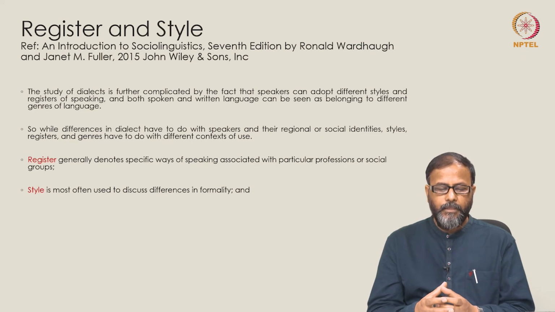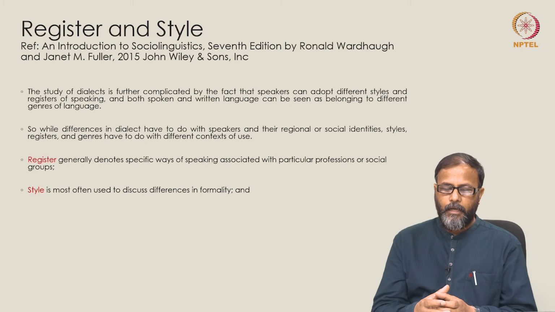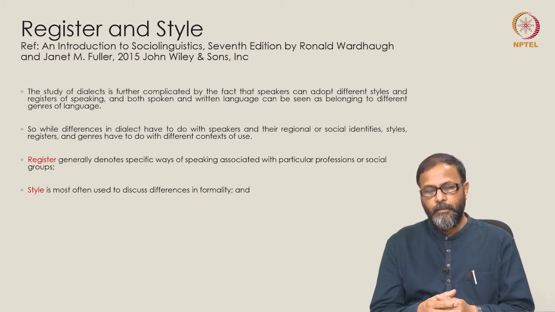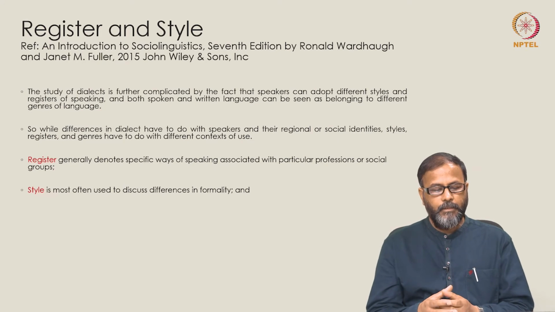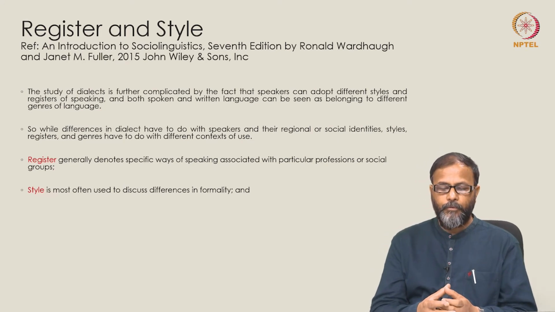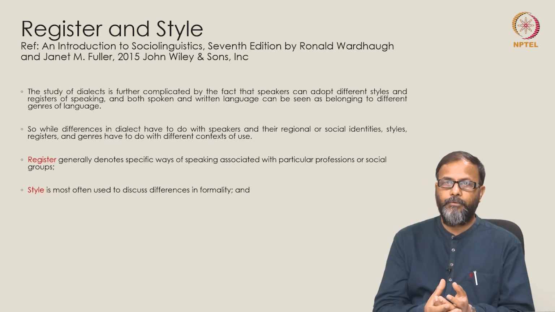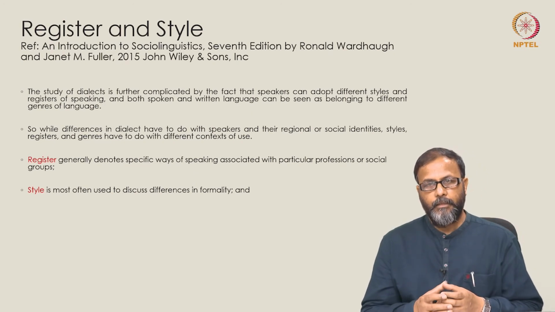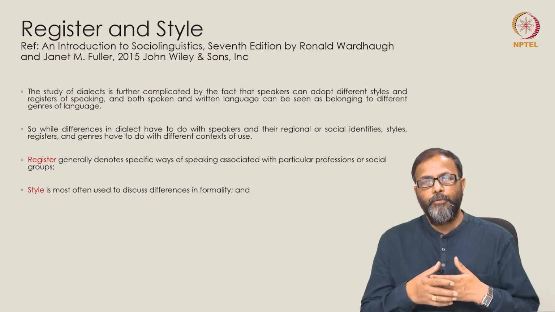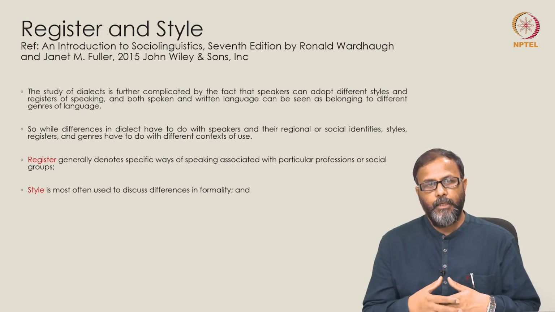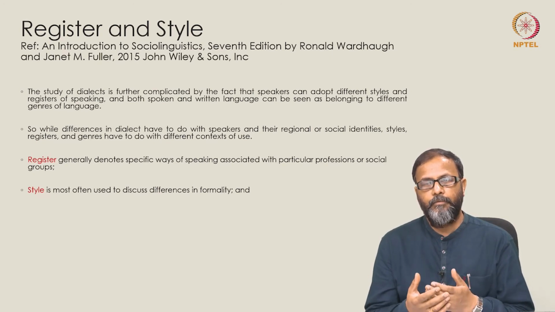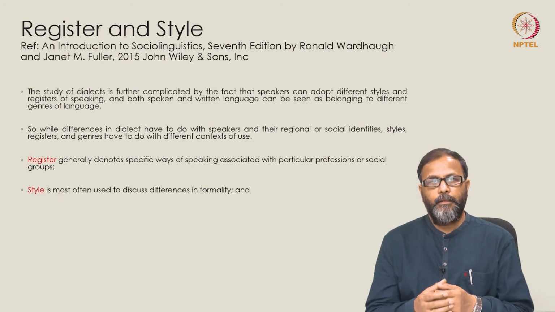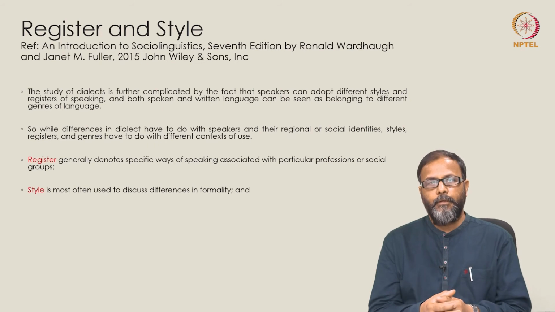So, while differences in dialects have to do with speakers and their regional or social identities, styles, registers and genres have to do with different contexts of use. So, language and dialect are the varieties according to the user and how they construct identity out of it, the variety that they socialize in, that they are conditioned in.